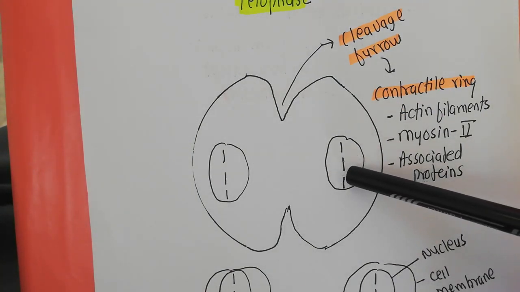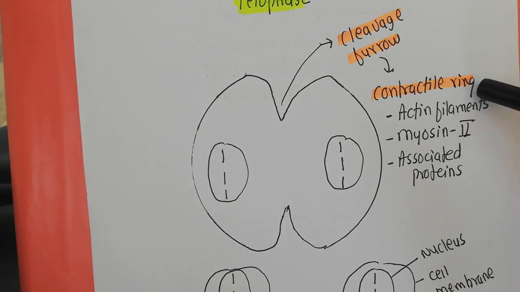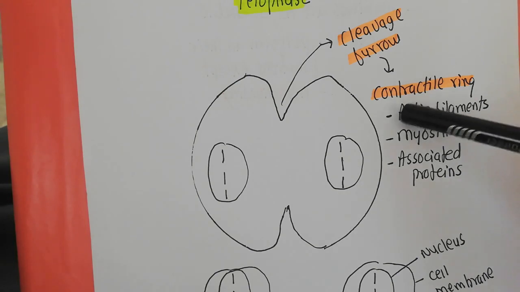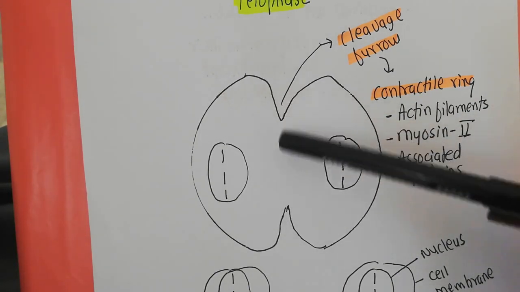Now this function is achieved by a contractile ring. This contractile ring is made up of actin filaments, myosin-II and its associated proteins, and this contractile ring is going to make a cleavage furrow about in the middle of the cell.